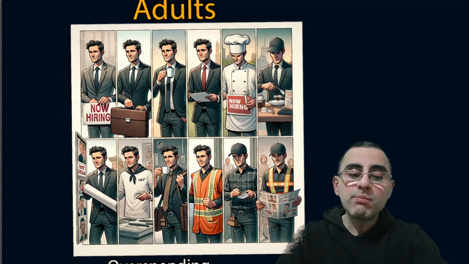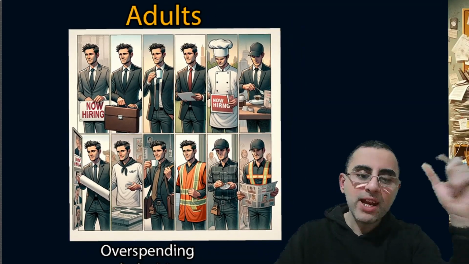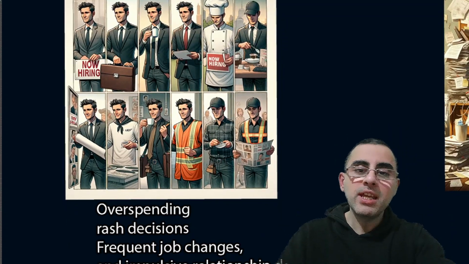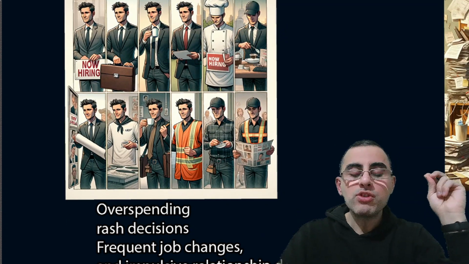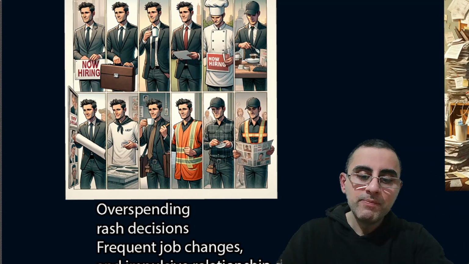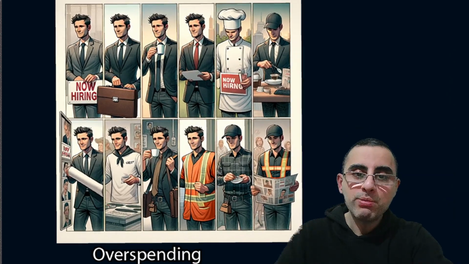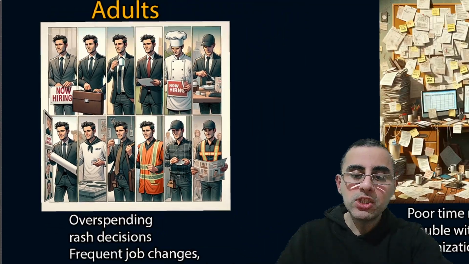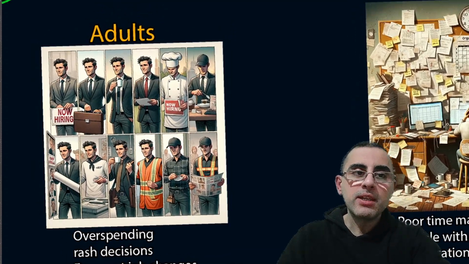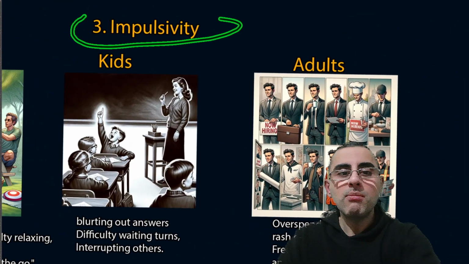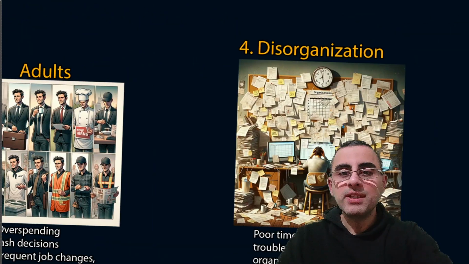It's overspending, for example. They rush decisions, buy things they don't need, and make emotional decisions very easily. They change jobs very frequently, and also change partners frequently, because they are impulsive types. So the third most common sign is impulsivity.